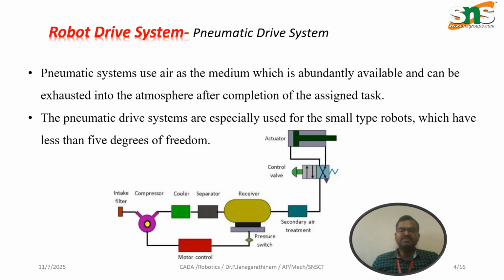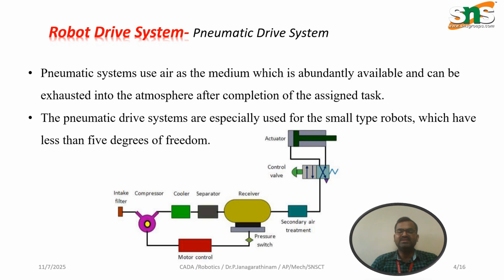Pneumatic drive systems basically use a compressor and use air as a medium, which is abundantly available and can be exhausted into the atmosphere, because in hydraulic drive systems the fluid is recirculated again and again, whereas here the compressed air after usage is sent directly into the atmosphere, through a quick exhaust valve or other kinds of systems.